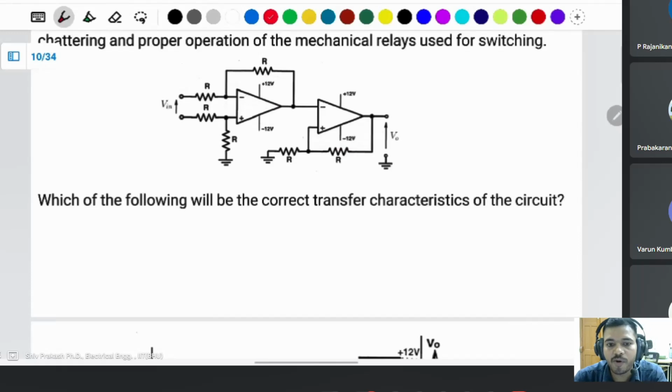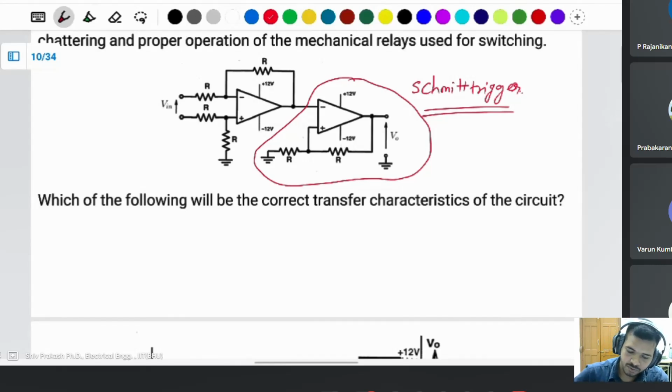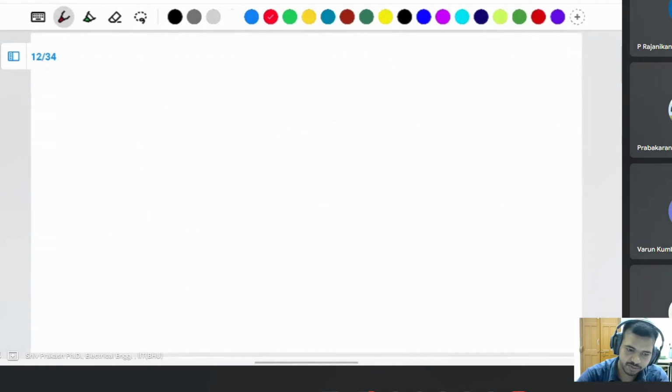If you know about the Schmitt trigger, then this circuit is the same thing, a Schmitt trigger. A Schmitt trigger has some saturation limits between which it operates. I will first explain the Schmitt trigger operation.